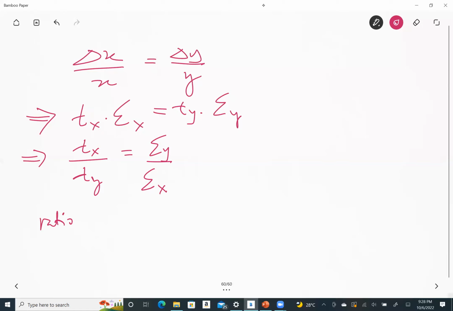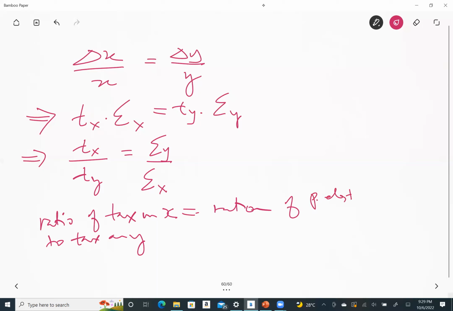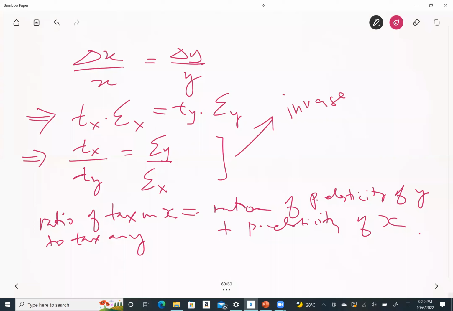You tax X and Y such that the ratio of the tax on X to the tax on Y equals the ratio of the price elasticity of demand of Y to the price elasticity of demand of X. So that is what you call the inverse elasticity rule.